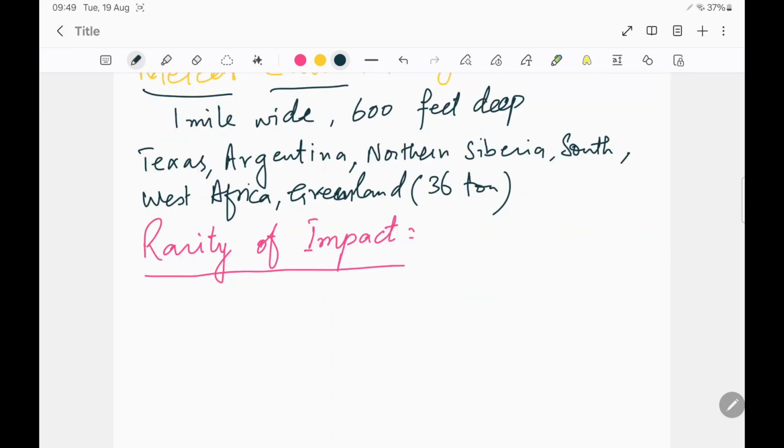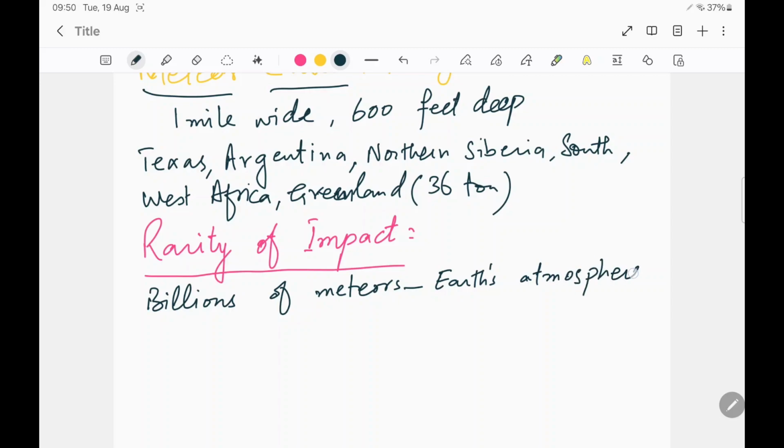Well, now we see how this impact affects Earth or the people living on Earth. So it is normally said, dear students, that billions of meteorites or meteors enter Earth's atmosphere, and out of these billions, only a few have reached Earth.